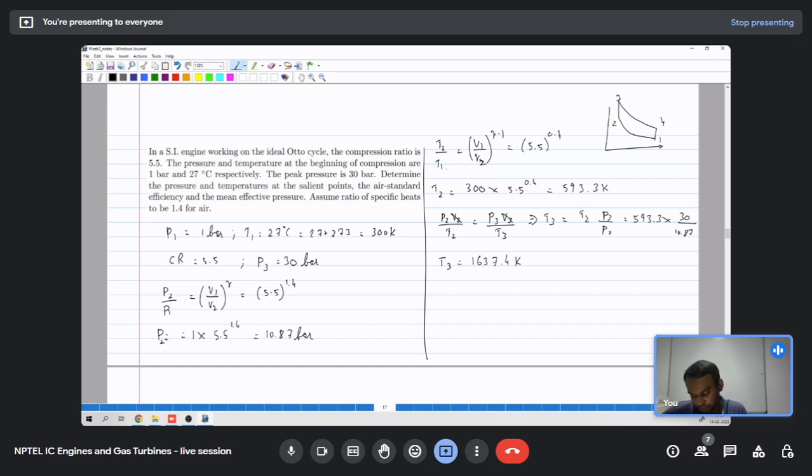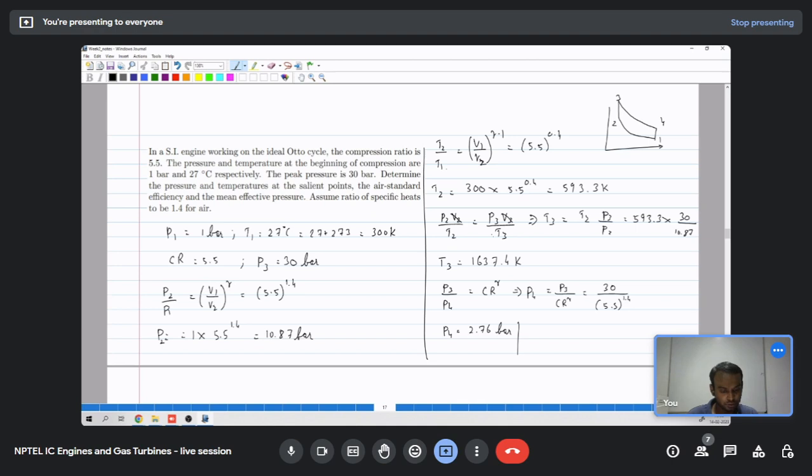We had P2 by P1 as compression ratio power gamma, so now P3 by P4 will be the same. So P4 is P3 by compression ratio power gamma, that is 30 bar divided by 5.5 power 1.4, which is 2.76 bar.